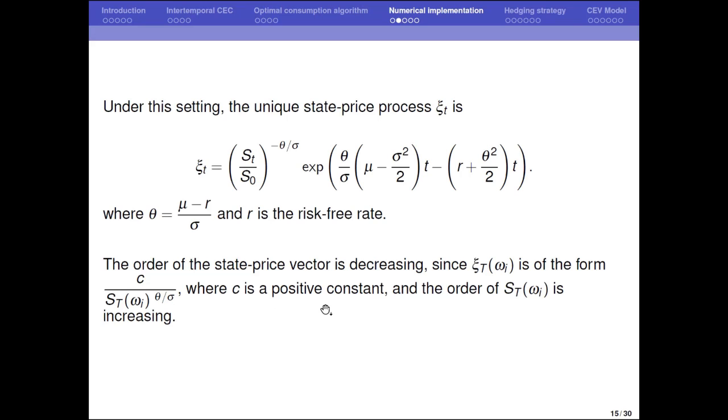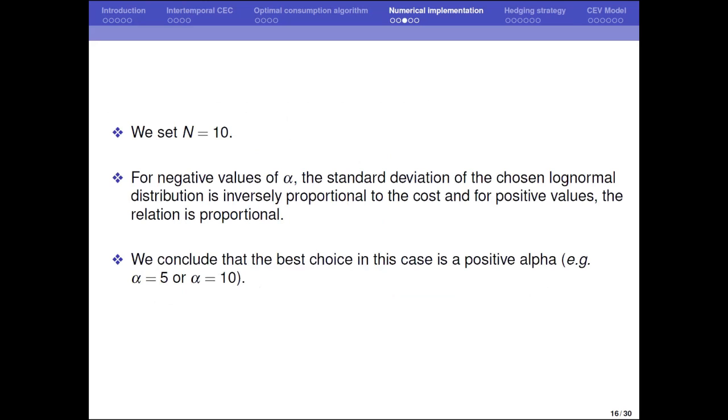So if I choose S being log normal, and that is increasing, it's enough to figure out that the price vector is decreasing, and if I multiply it in that way, they are antimonotonic.